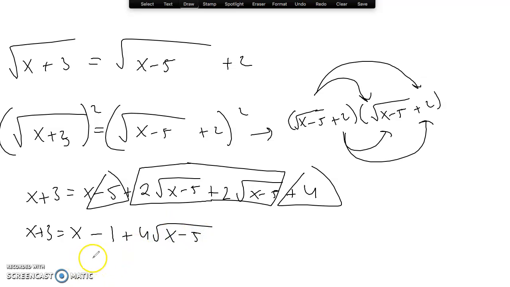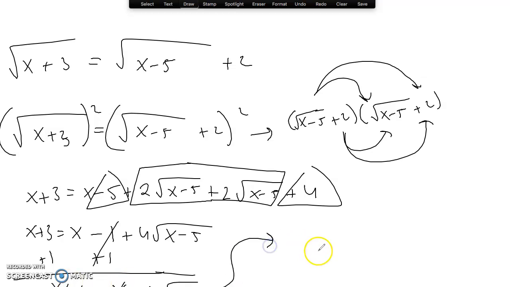Then I'm going to add 1 to both sides and get rid of that. I'm going to subtract x on both sides. That gets rid of both. So I'm left with 4 equals 4 radical x minus 5.